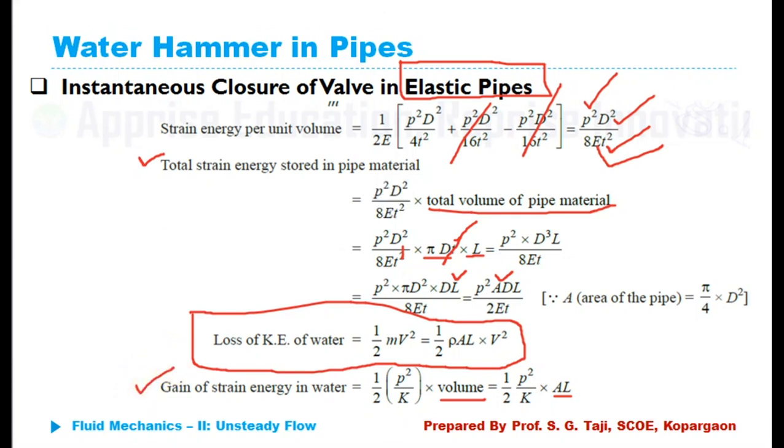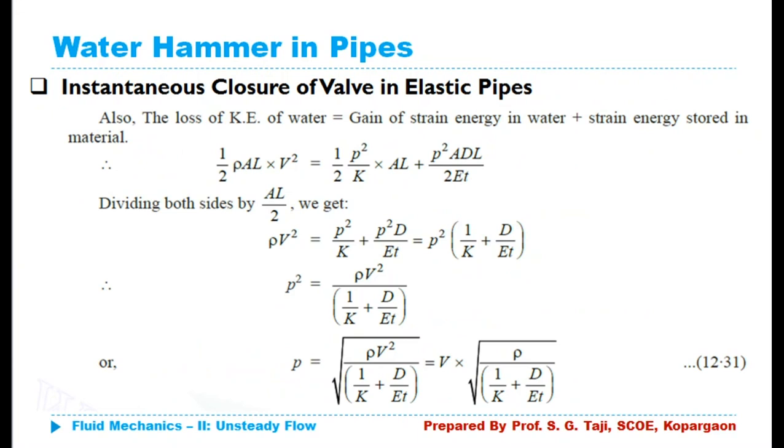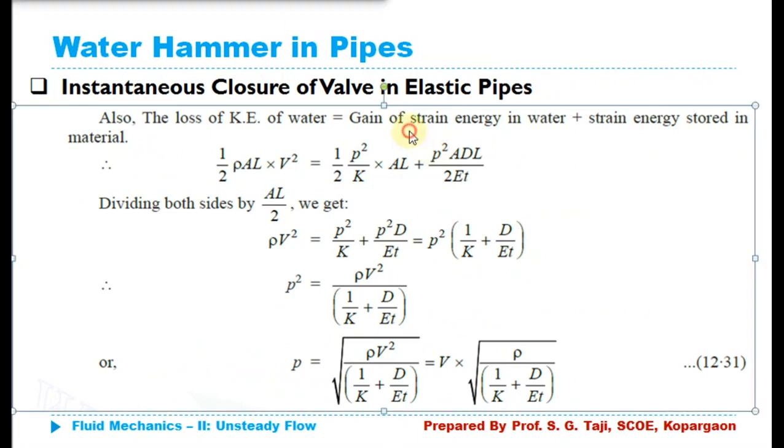Now we are going to equate those two equations, the gain and loss of strain energy. So what we will get here is half rho A L multiplied by V square equal to half P square upon K multiplied by A L. Now in the case of gain in strain energy, we are going to add the gain in strain energy by the pipe material as well, because we are also considering the pipe material as elastic, and it is also going to store a certain amount of energy.